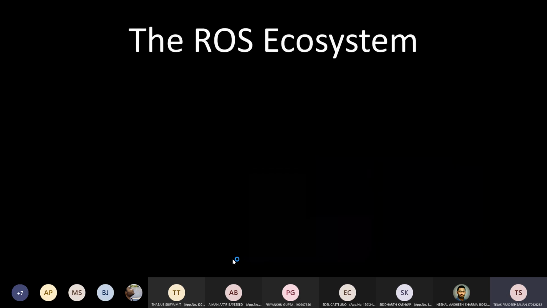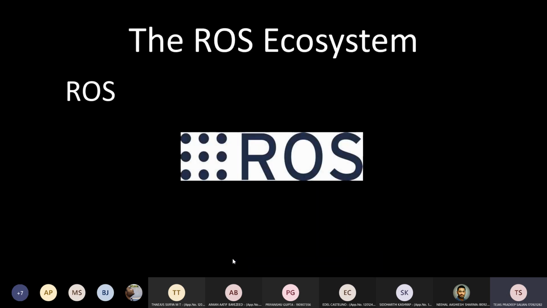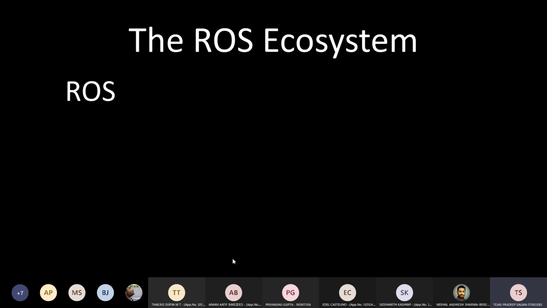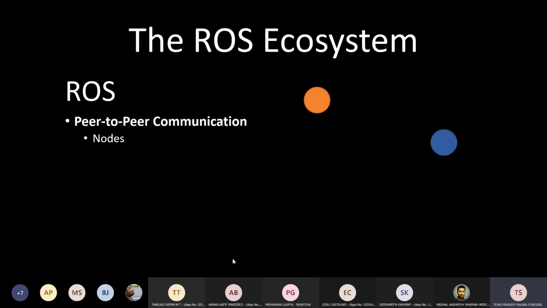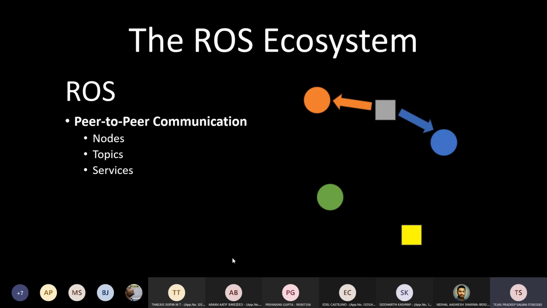So the ROS ecosystem. I'll talk more about ROS in detail with relation to how it fits the whole ecosystem. Peer-to-peer communication. Coming to how ROS actually works, it uses peer-to-peer communication. If you are familiar with torrenting or blockchain, you must be familiar with this term. The squares and circles are basically the nodes, and sorry, the square is the topic, and that is the communication happening between these two.